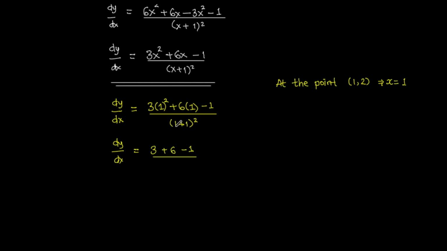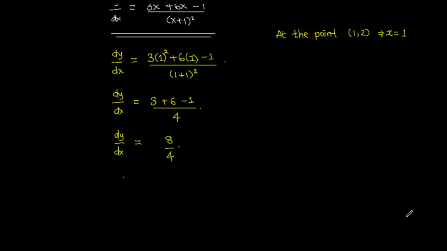So let's first work on the denominator. 1 plus 1 is 2, 2 squared is 4. So dy by dx is equal to, numerator is 8, denominator is 4. Then we can divide 8 by 4 to make for us 2. So dy by dx equals 2.